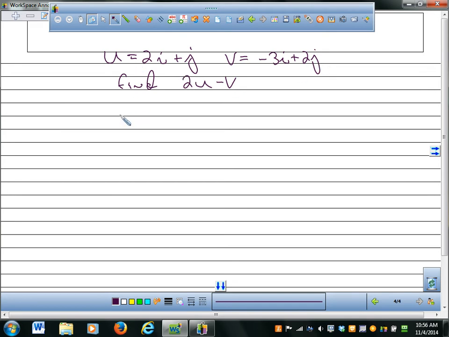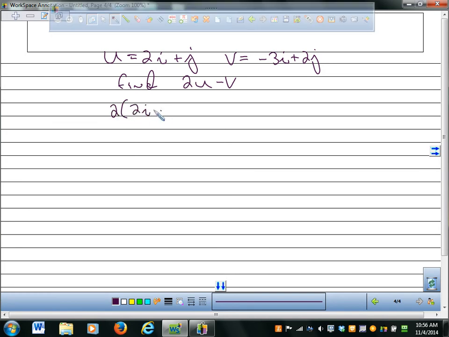And so 2u would look like 2 times 2i plus j when I multiply by a scalar like that, minus negative 3i plus 2j. Then I distribute, so that's equal to 4i plus 2j, minus minus, plus 3i minus 2j.